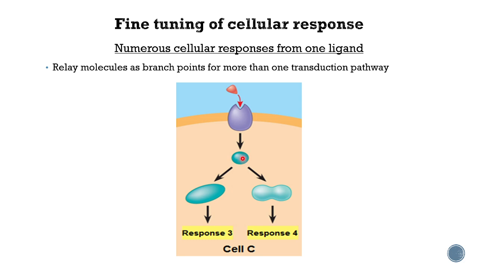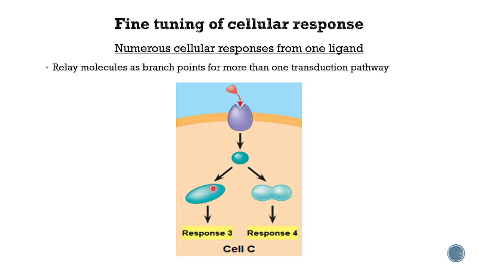Previously, when we learned the signal transduction pathway, we looked at the first kinase activating just one type of downstream protein. So the first kinase activates a second kinase, then the second kinase activates a third kinase. So this is one pathway.